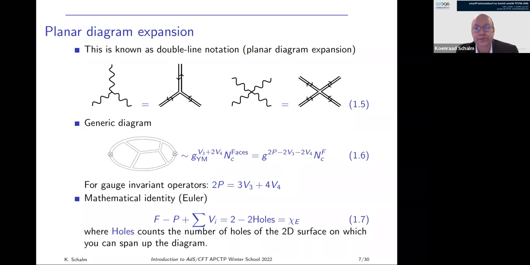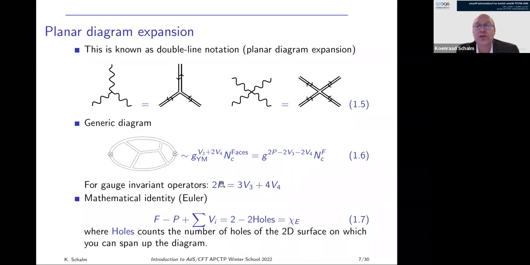Okay. Now there's a very nice identity that is very easily derived. You take an arbitrary diagram and you count the endpoints of each propagator and the endpoints of each vertex. If you have a gauge invariant operator, that means all these lines must close, otherwise the object is not gauge invariant.